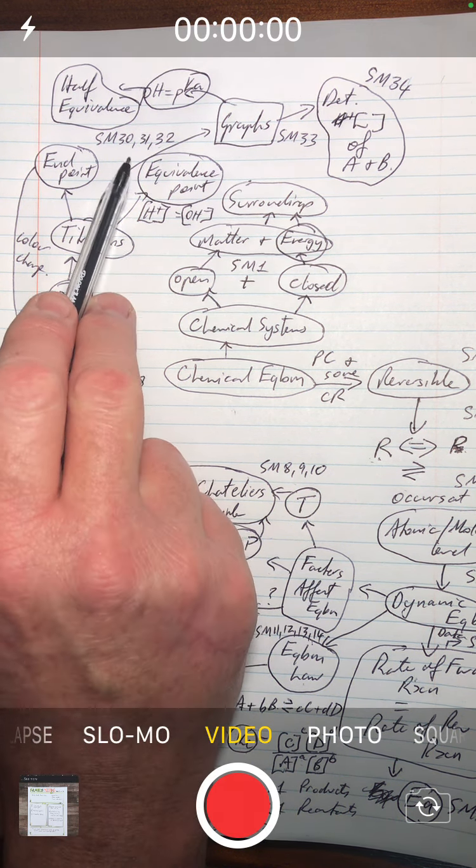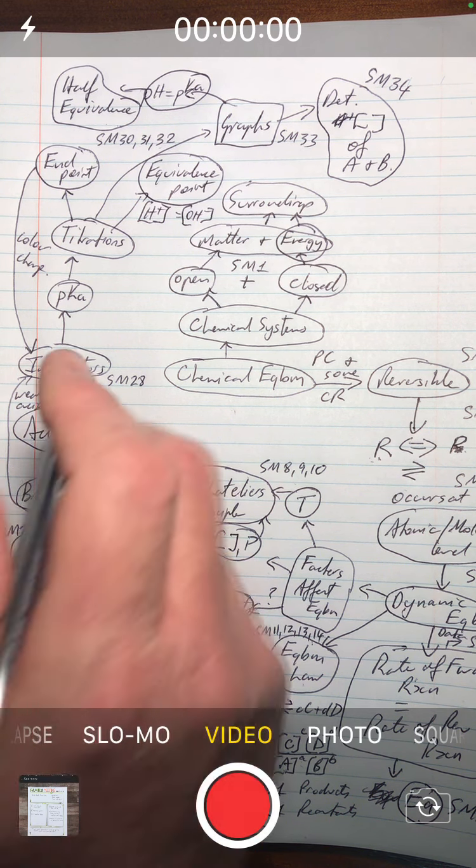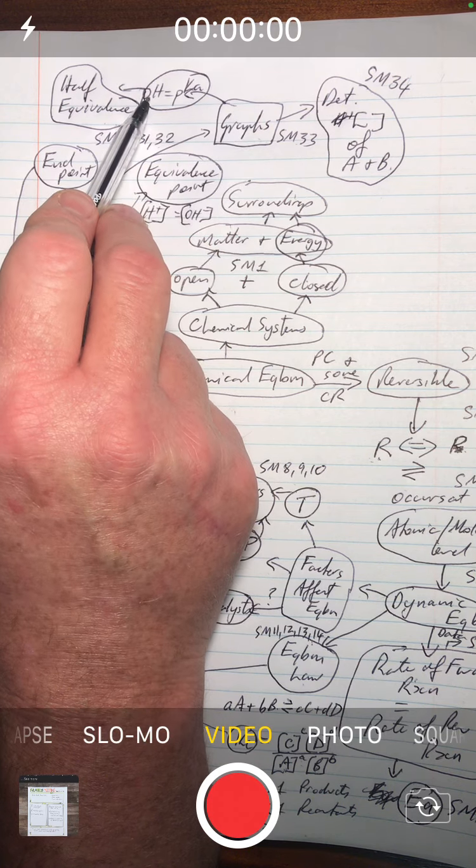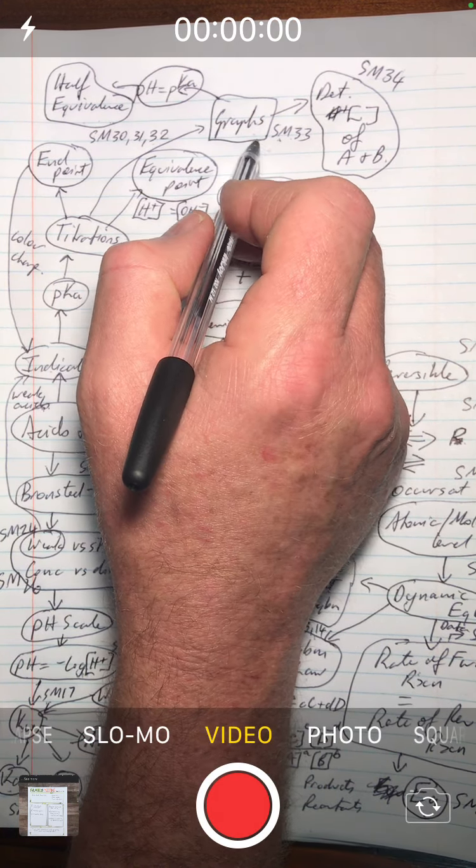I'm pretty sure that half equivalence point, just let me change screens here and we'll find what subject matter, but I'm pretty sure it's 33. Yep, it's 33. So this use of this graph and this half equivalence point all comes under subject matter 33.